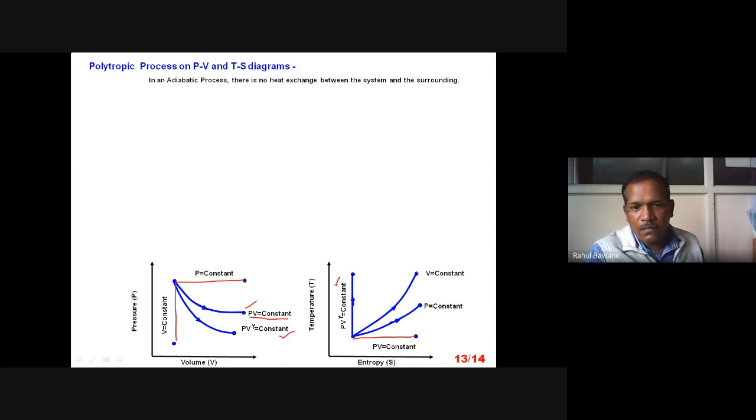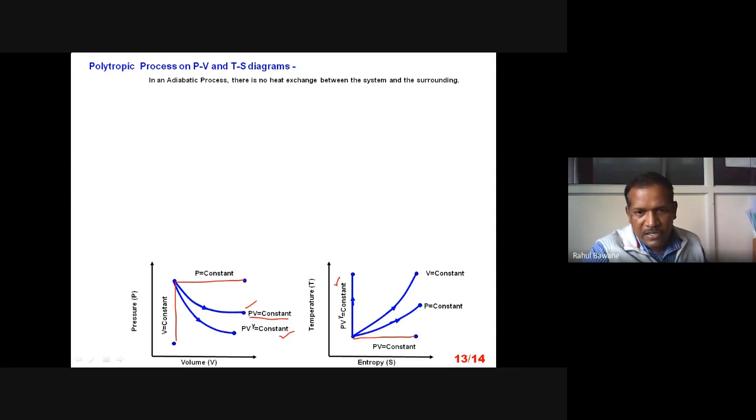Now where is the polytropic? Here PV raised to the power 1, here PV raised to the power gamma. Gamma for air is, suppose, 1.4, a standard value. So the polytropic index lies between 1 and 1.4. If it is 1, then it follows PV equals constant.